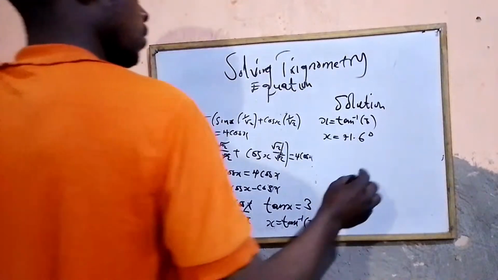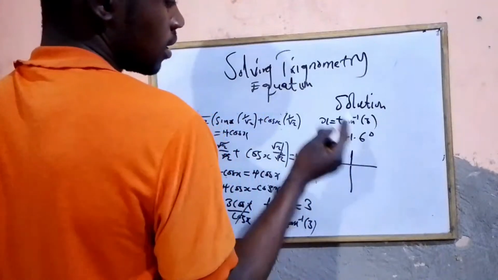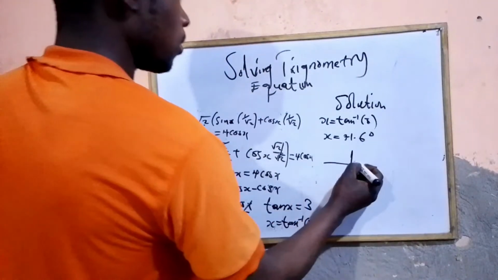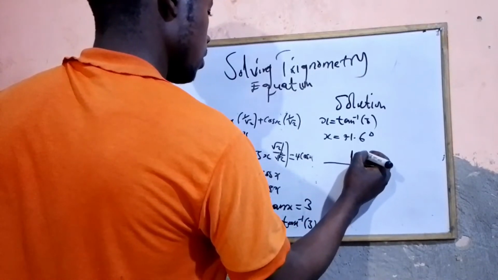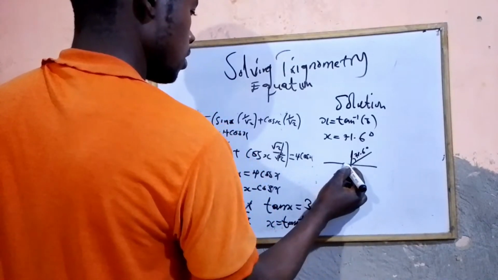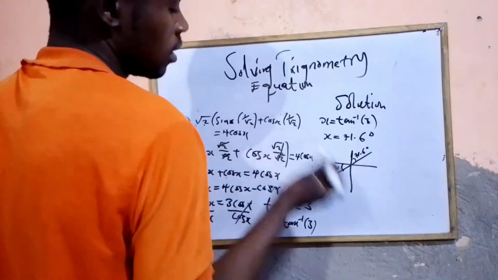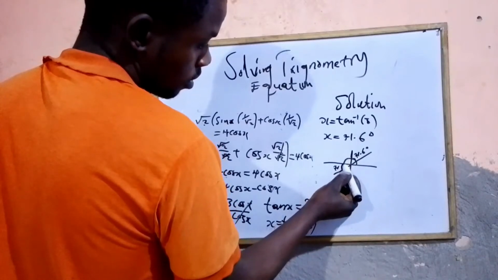If we go to the quadrants, in the first quadrant tan is positive, and here also. So if you have 71.6 degrees here, that means here there is also 71.6, and we take these angles from here to here.